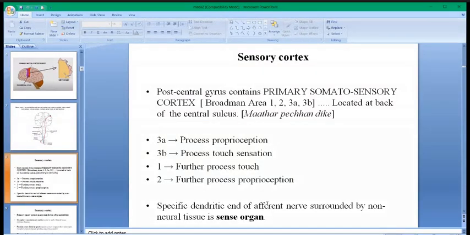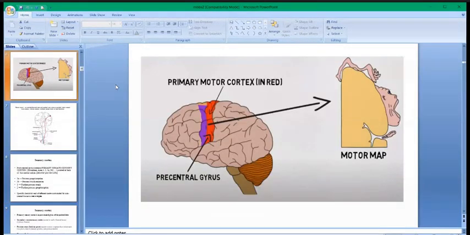Now coming to sensory cortex. Sensory cortex has primary sensory cortex areas 1 and 3 for touch sensation, 2 and 3 for proprioception. Here also the same thing. The sensory cortex also has the sensory homunculus upside down, which is a cartoon picture exactly like this, right?